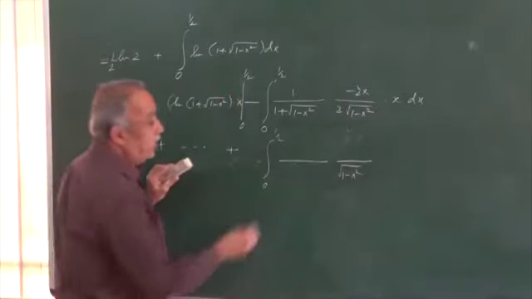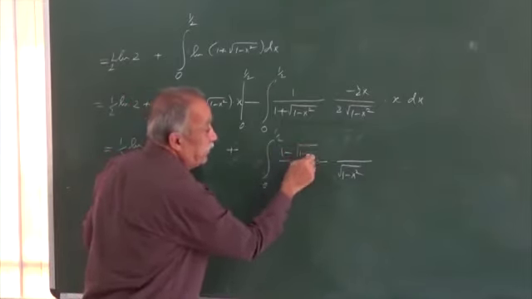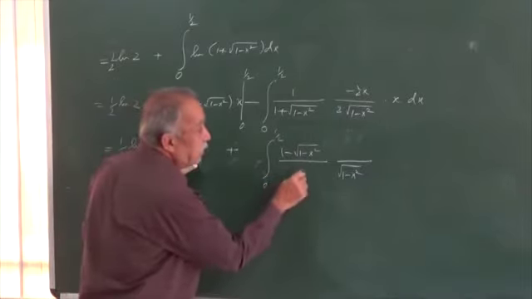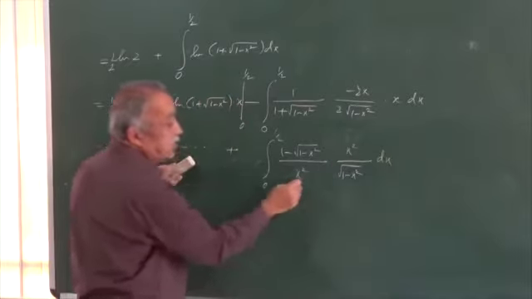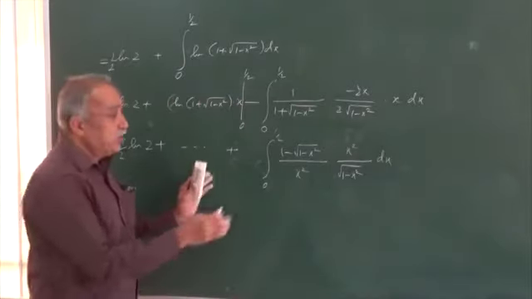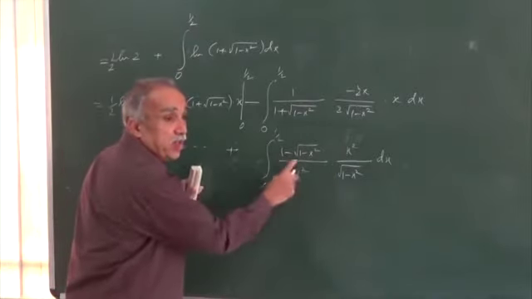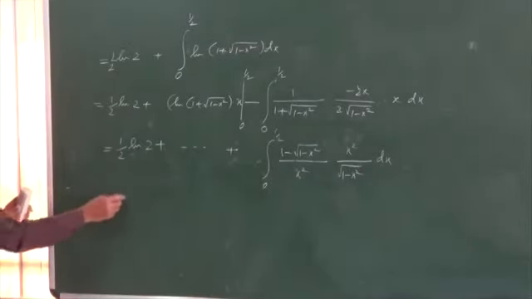Rationalize the first denominator, multiplying numerator and denominator by 1 minus root of 1 minus x square. Denominator becomes x square. Here you had one x square. This x square and this x square cancel. You are in a position of breaking the integrand as 1 by root 1 minus x square minus 1, each term immediately integrable. Fine.